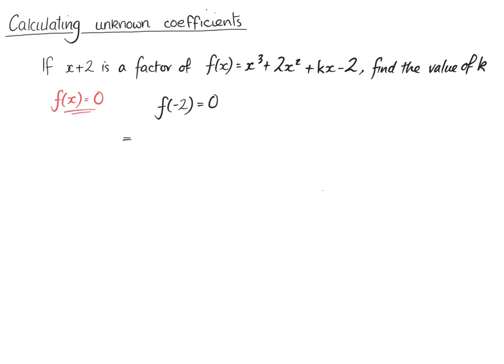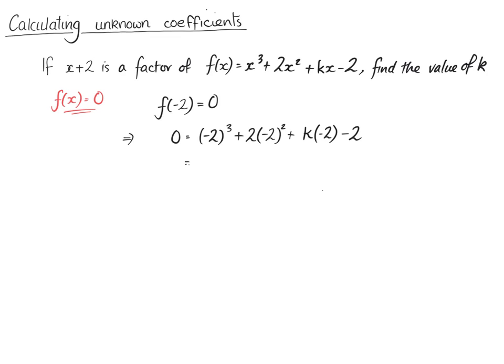So therefore 0 must be equal to minus 2 cubed plus 2 times minus 2 squared plus k times minus 2 minus 2. Lots of 2's in this one.